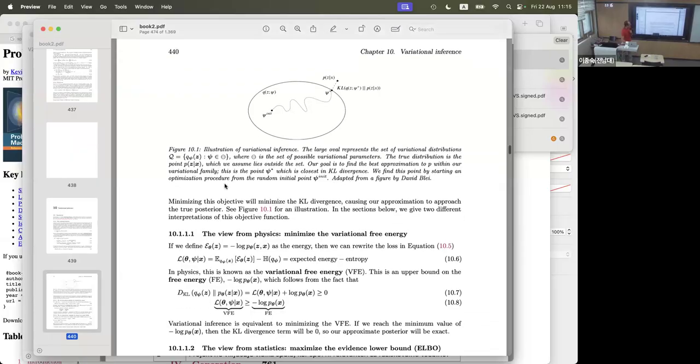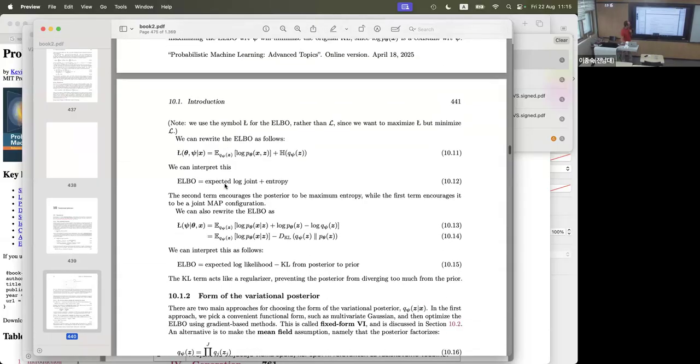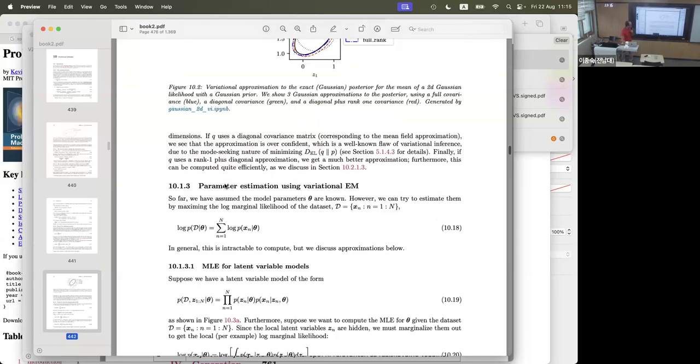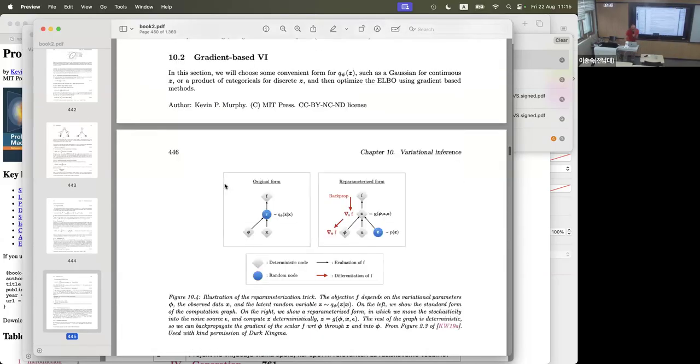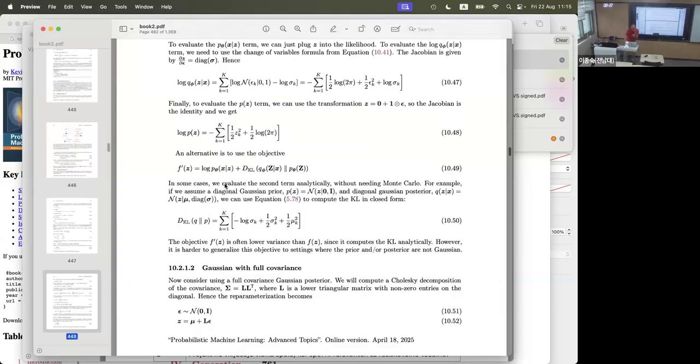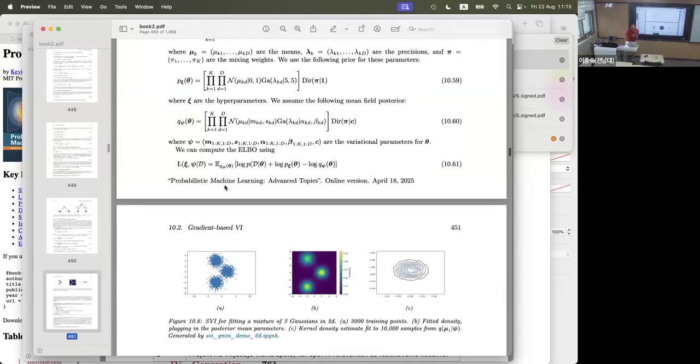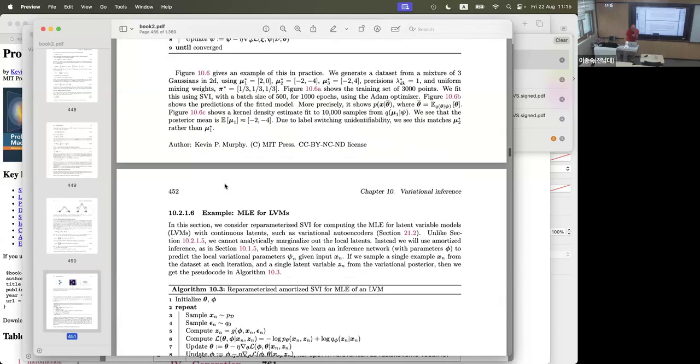I took some pages from there. Let me find the one for expectation maximization.